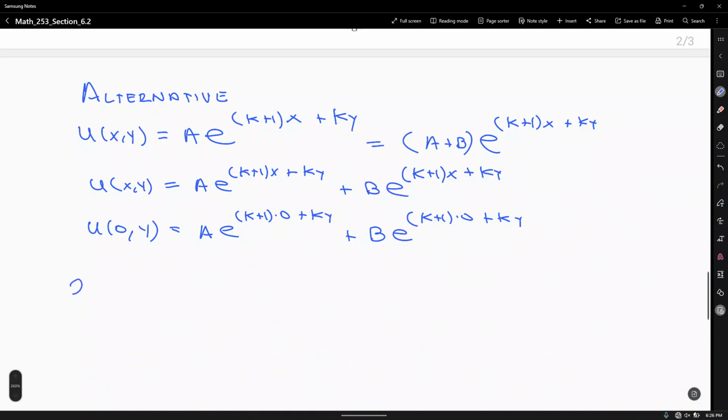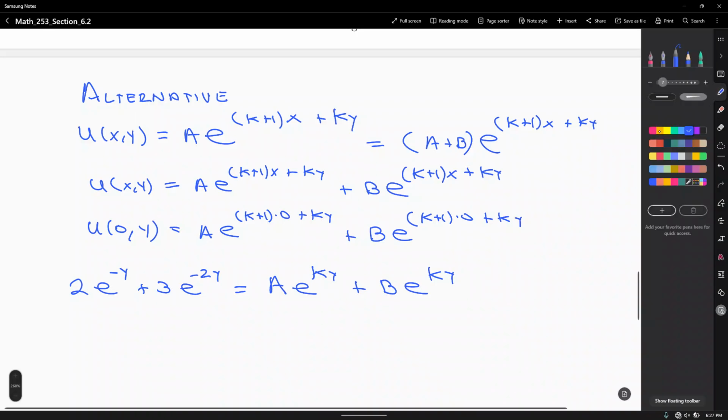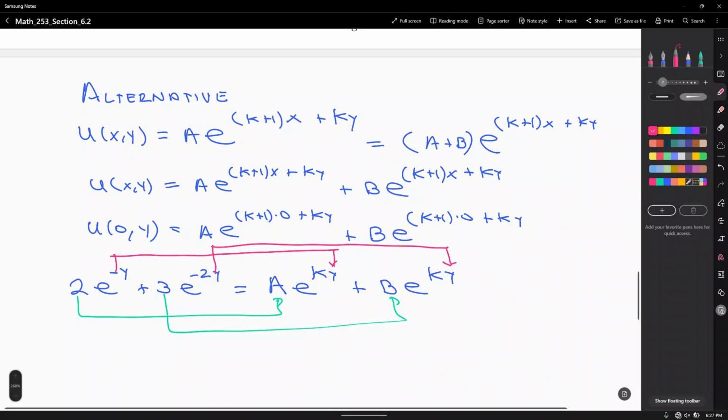Wasn't that equal to 2 e to the negative y plus 3 e to the negative 2y, equals A e to the ky plus B e to the ky. And if that makes you feel more comfortable, equate coefficient with coefficient, exponent with exponent. Essentially, it's going to lead you to the same result, guys. You see it?